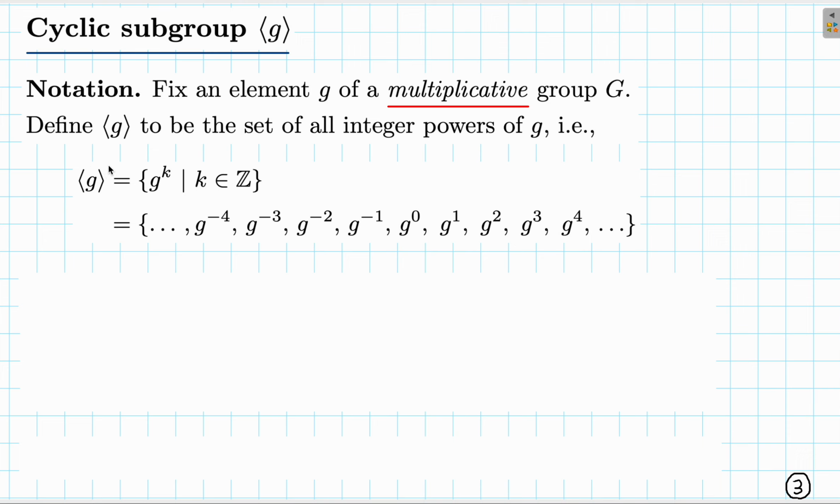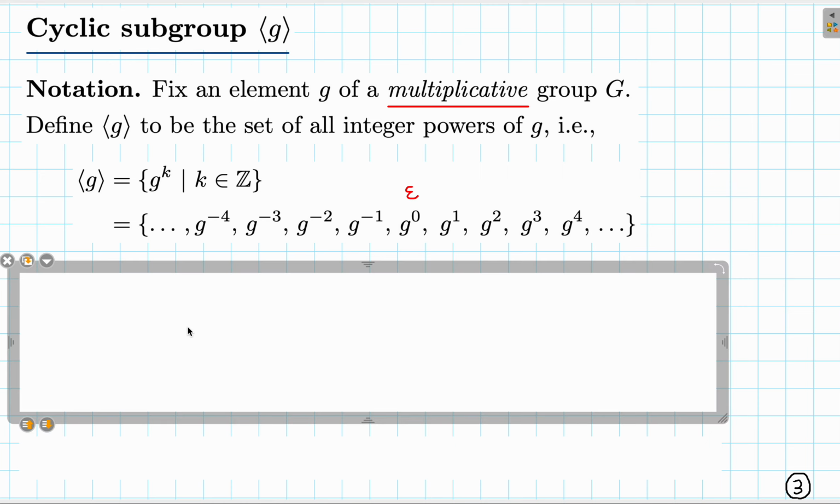In other words, bracket g contains elements of the form g to the k, where k is an integer. More explicitly, it contains all the positive integer powers of g, all the negative integer powers, as well as g to the 0, which is the identity element.